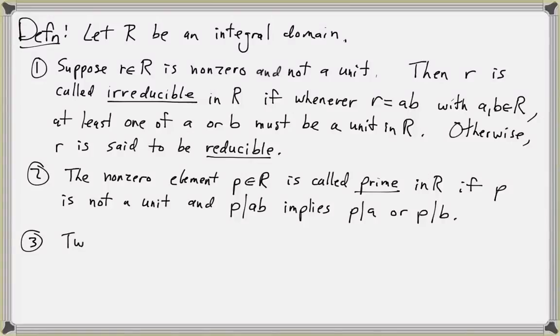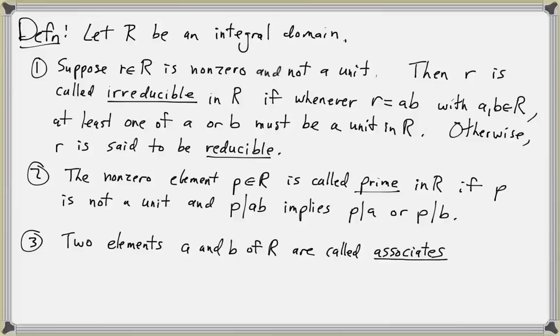So two elements, A and B of R, are called associates, or we say A is associate to B in R, if A equals some unit U in R times B. We see that A and B are associates if they differ by a unit.